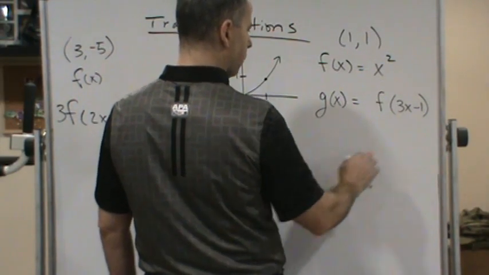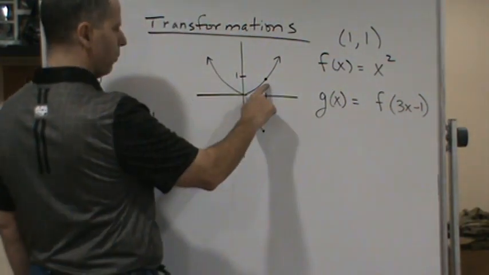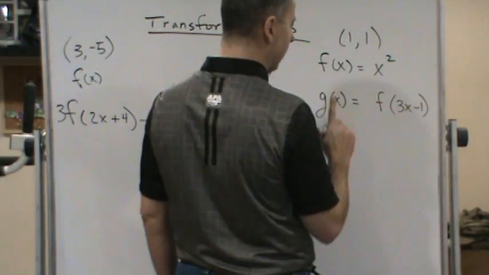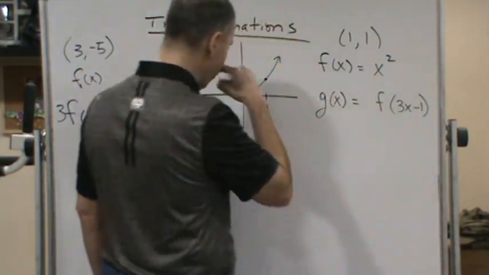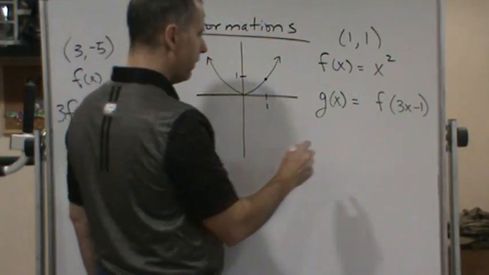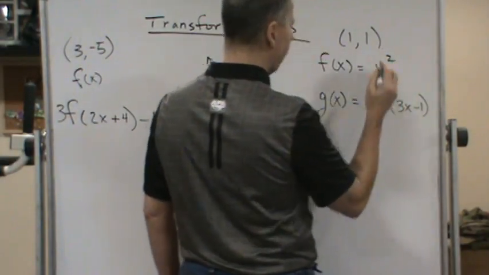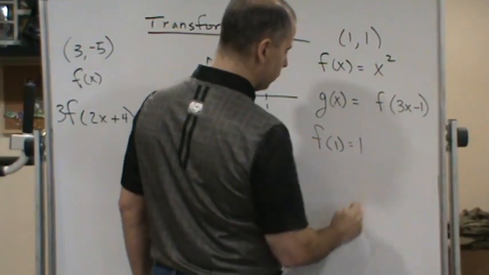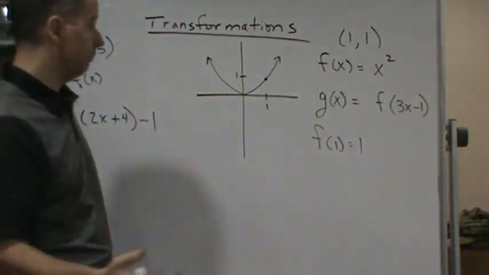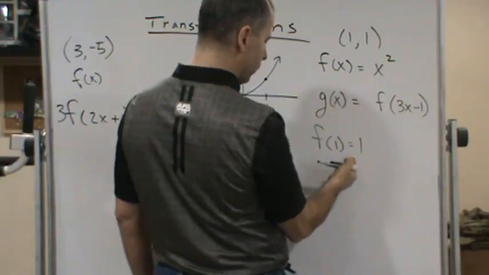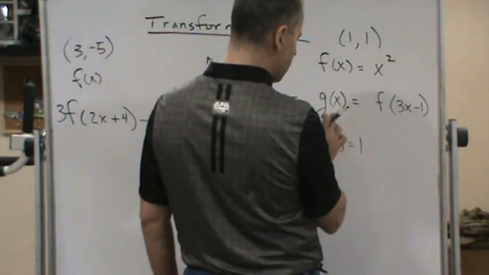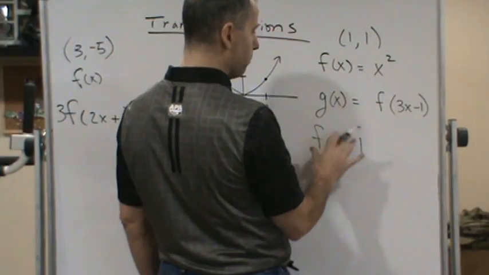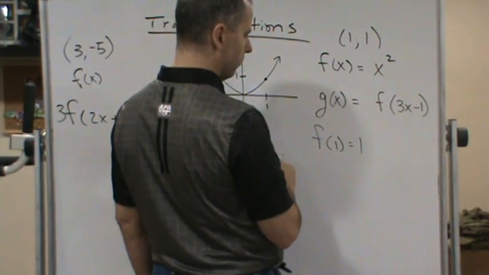So in this case, let's say what happens to this point here. We know f of 1 equals 1. But now we've got g of x, and now we want to know where this point moves to for g of x.